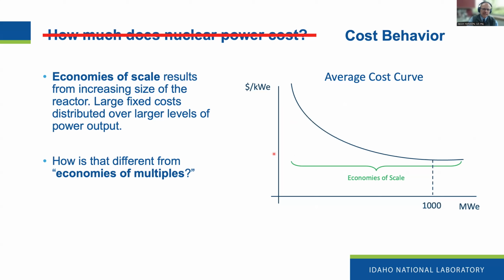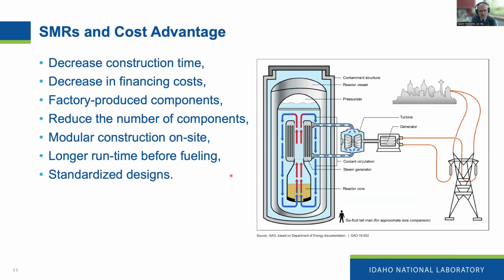But as advanced nuclear technologies develop, the economies of multiples comes about. What's the notion of economies of multiples? For small modular reactors, for example, there's decreased construction time, and decreased construction time means decreased financing costs. The components that go into these advanced designs can be produced in a factory instead of built on site.